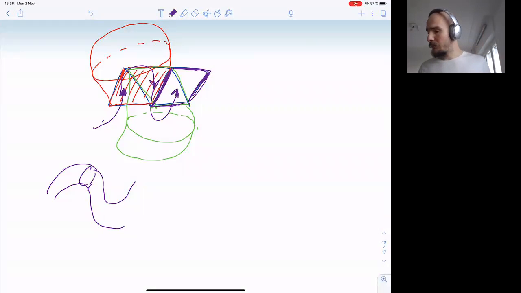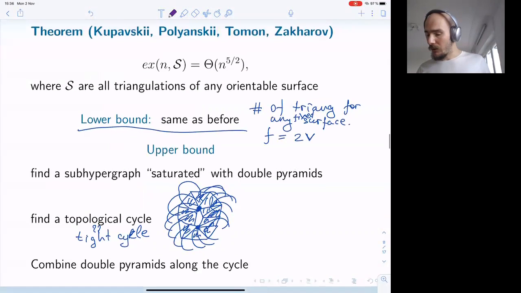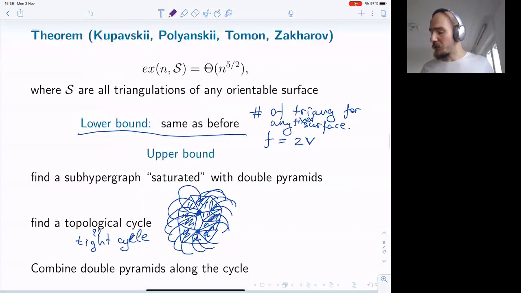Great. If we go back to this step, this is the explanation for the gluing, but we still have lots of points to understand: what is saturated, what is this topological cycle, and how we actually get a torus, and so on and so forth.